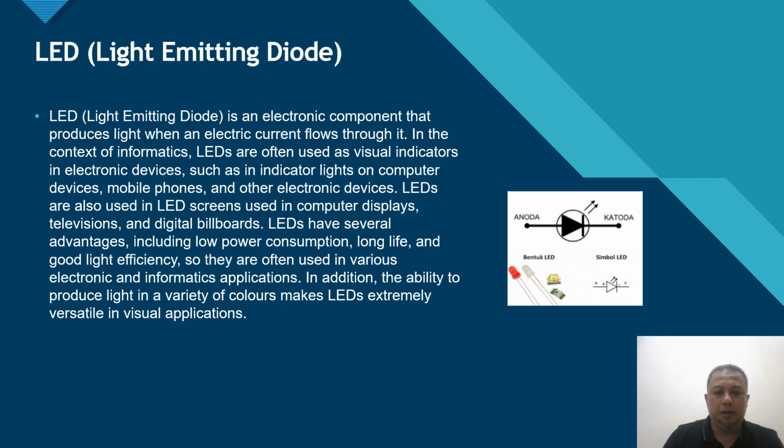So they are often used in various electronic and informatic applications. In addition, the ability to produce light in a variety of colors makes LEDs extremely versatile in visual applications.